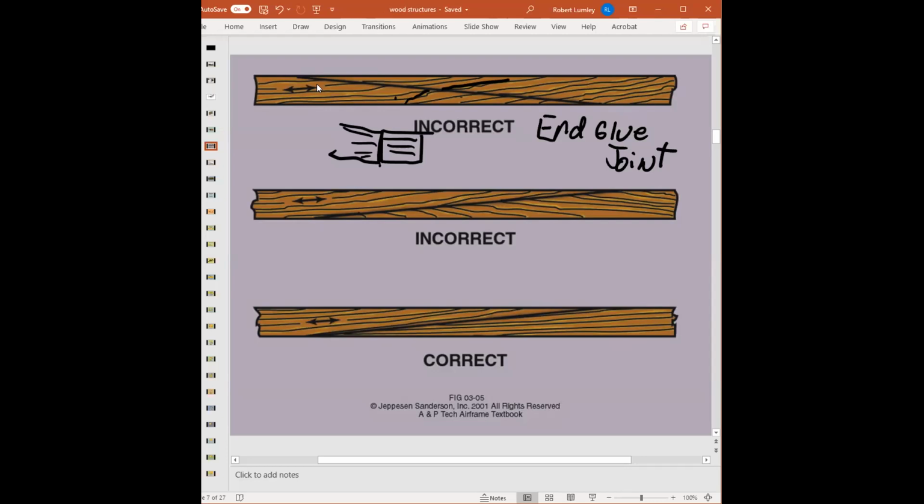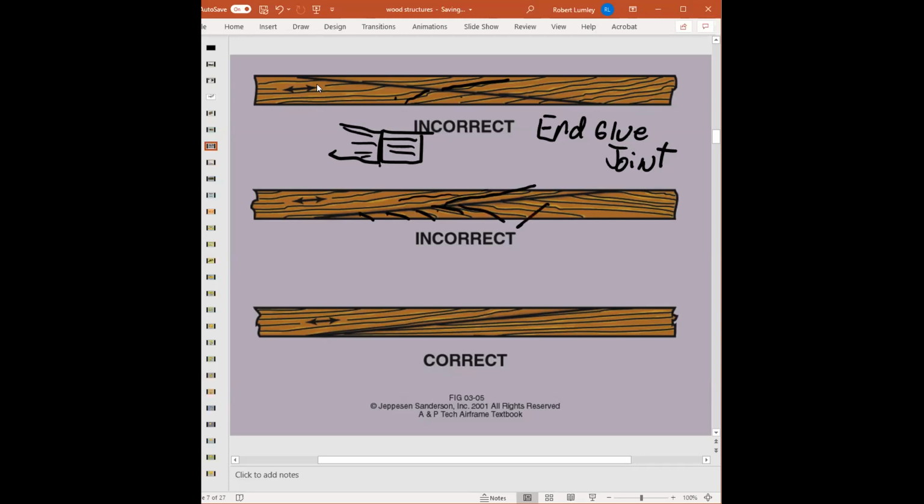So this is why it's incorrect, because the grain is going too straight to each other. Now on this one, this piece is actually good, because if you notice, here we have a grain, we have another grain here, but notice how much grain on this piece is not hitting where the joint is. But on this board here, we can see all the grain hitting the glue.